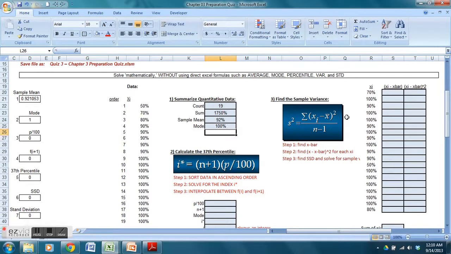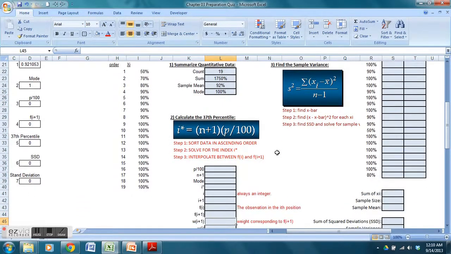Great. Now going on to step 2, calculating the 37th percentile. Here you see I put some formulas into the workbook, but if you look at my formula sheet, which will now be on the board during quizzes, it can cue you in a little bit more.